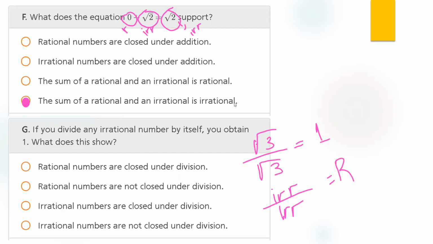That means the irrational numbers are not closed under division. Why? Because look at the answer here. It's 1. It's rational. So it's not in the same set, the same circle, as the irrational. So it is not closed.